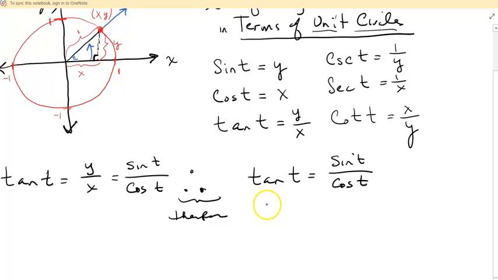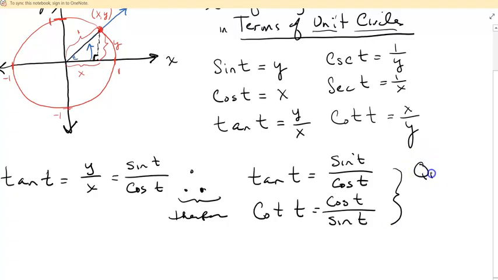And similarly, cotan of any angle starts with the x, so that would be cosine, since we know it's the reciprocal of tan, over sine. These are what we call our quotient identities.